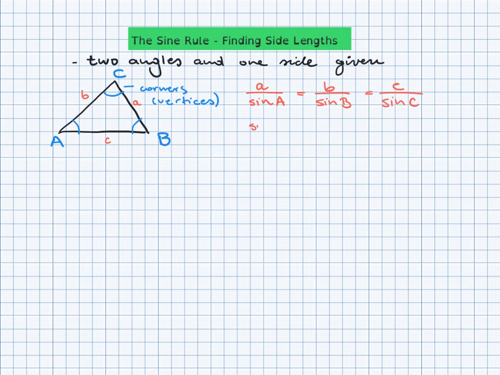It can be written as sine A over a equal to sine B over b, and sine C over c. So you can choose either formula, that should be fine.